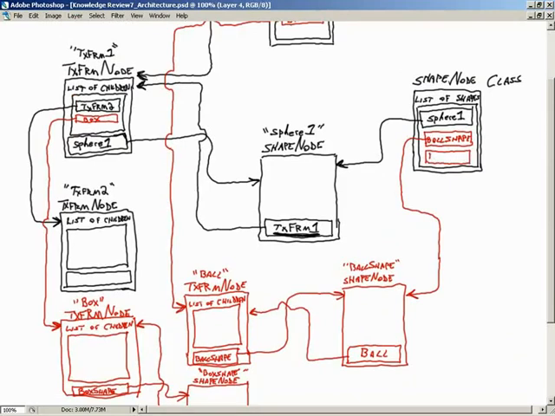So this will be our box shape. And the box shape is going to point all the way back over to there. All right.